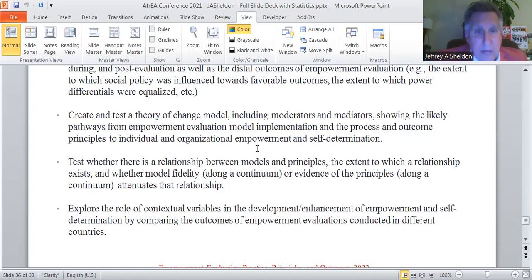Test whether there is a relationship between models and principles, the extent to which a relationship exists, and whether model fidelity along a continuum or evidence of the principles along a continuum attenuates that relationship. Explore the role of contextual variables in the development and enhancement of empowerment and self-determination by comparing the outcomes of empowerment evaluations conducted in different countries. So maybe it's kind of like a criterion validation in a way.